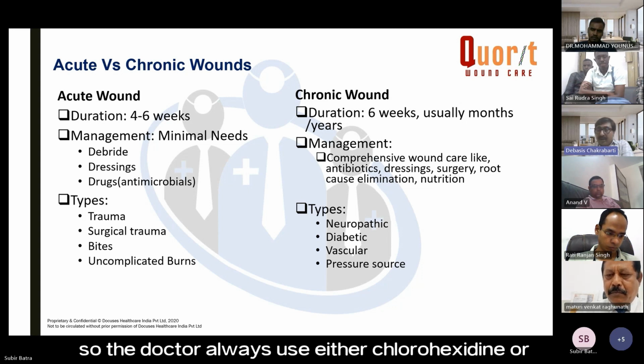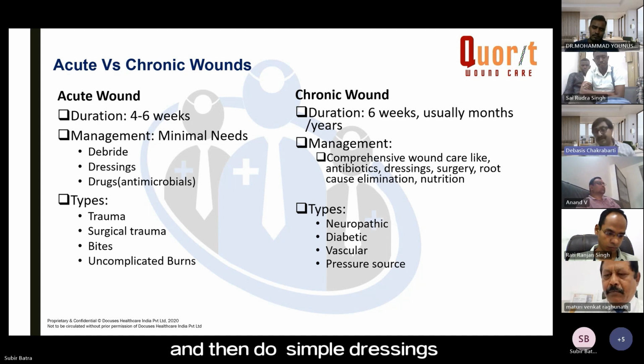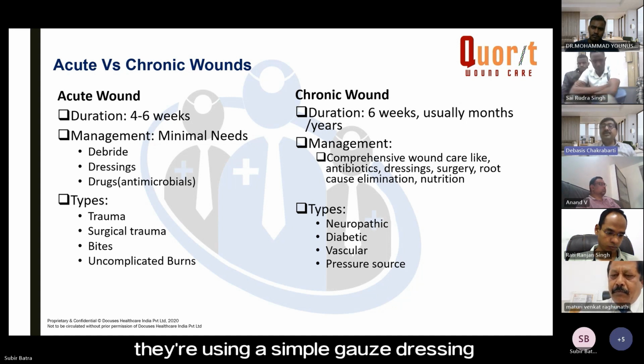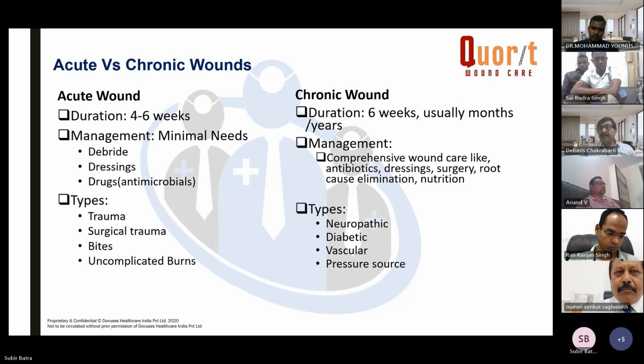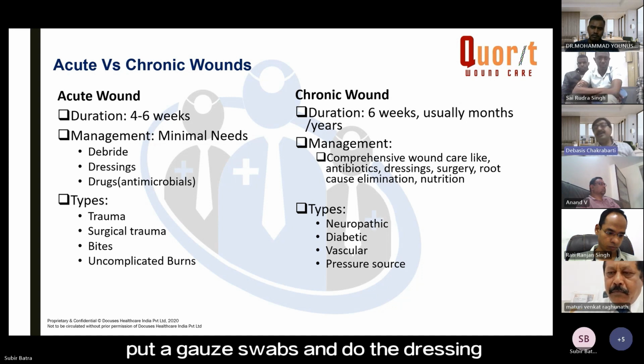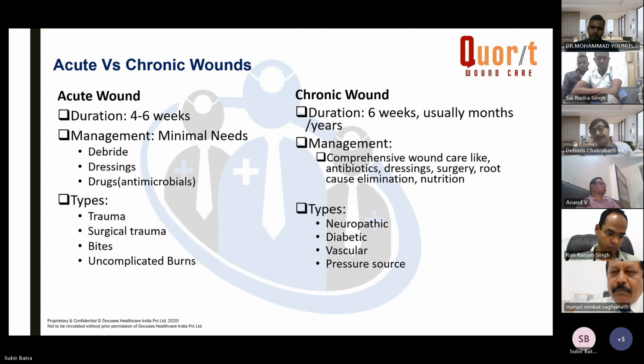So the doctor always uses either chlorhexidine or povidone iodine as antimicrobials, and then does simple dressings. Like Dr. Eunice must be telling us that they are using a simple gauze dressing. They put betadine solution, put a gauze swab, and do a dressing. This is a simple treatment of an acute wound.